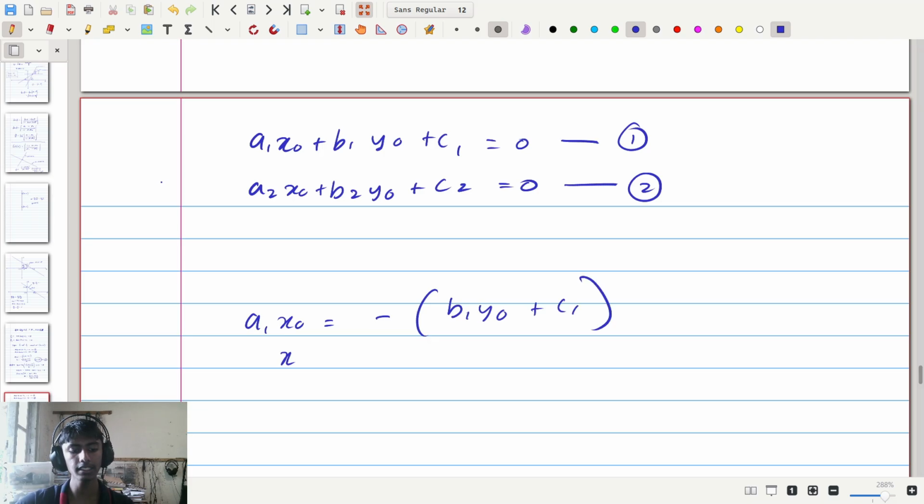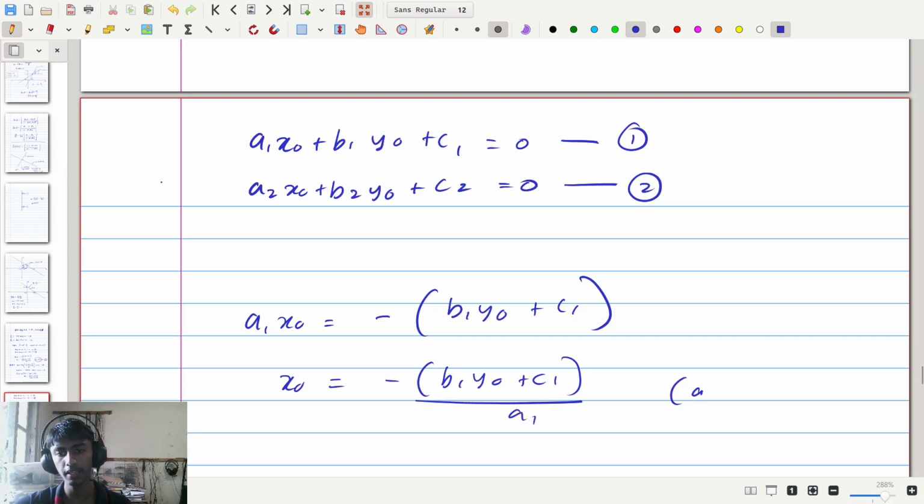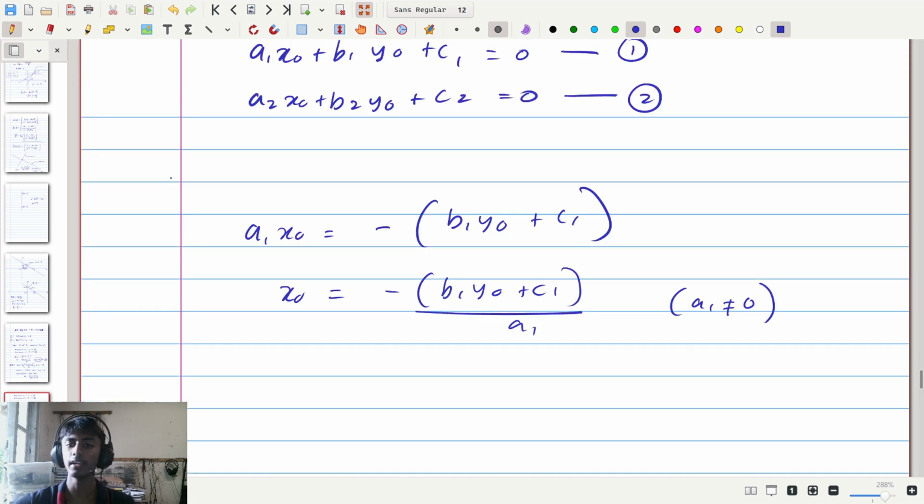Therefore, x0 is equal to negative b1 y0 plus c1 divided by a1, of course, provided that a1 is not equal to 0. So now given this condition, let's call this equation number 4.